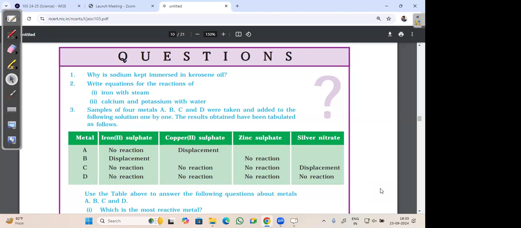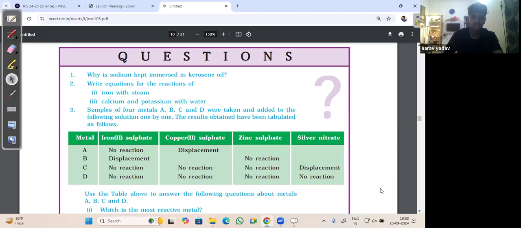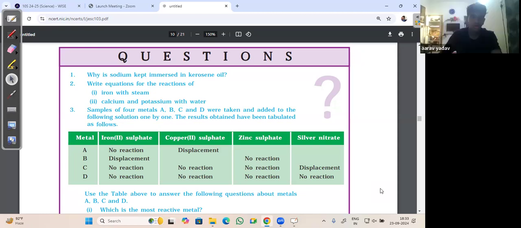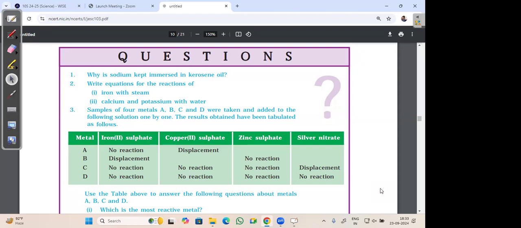What is happening when it is kept in air? Sir, oxygen is reacting with sodium. Oxygen, that is what we have to write. Sodium will react with oxygen to form sodium oxide, which is an exothermic reaction.